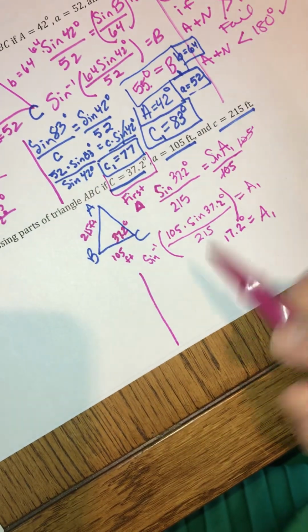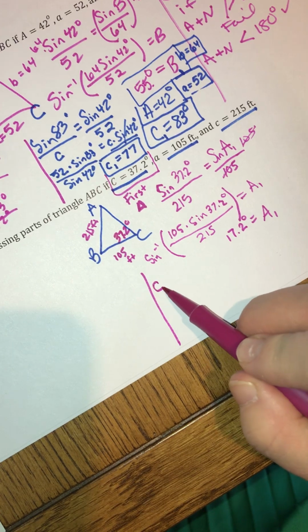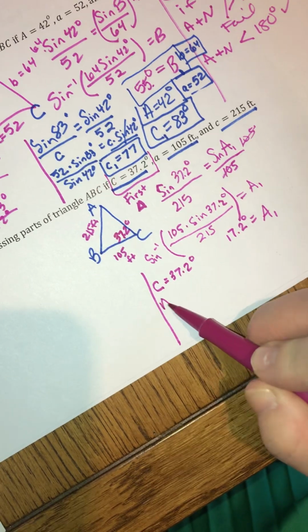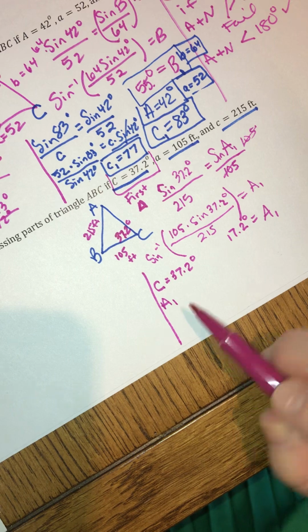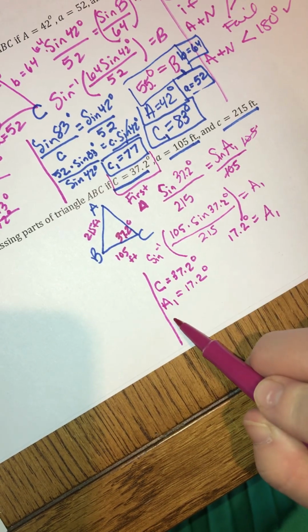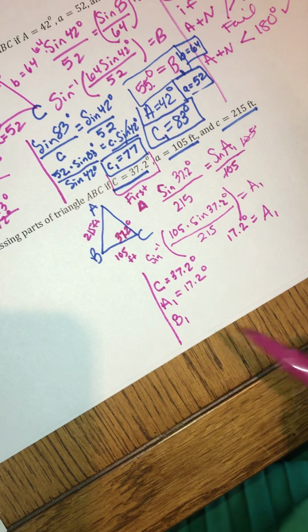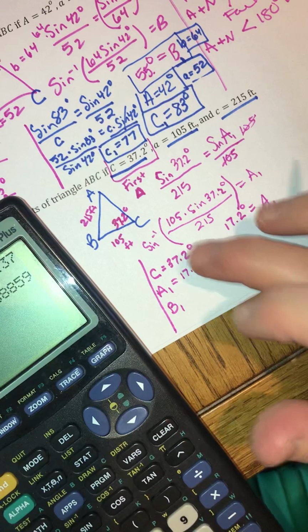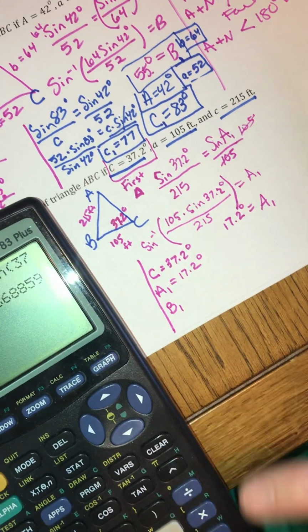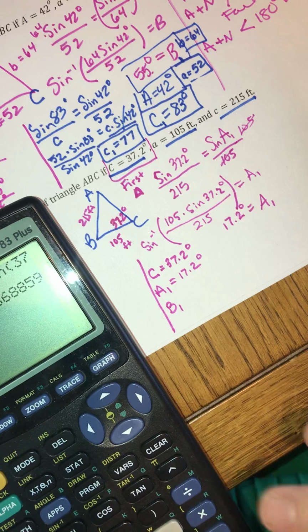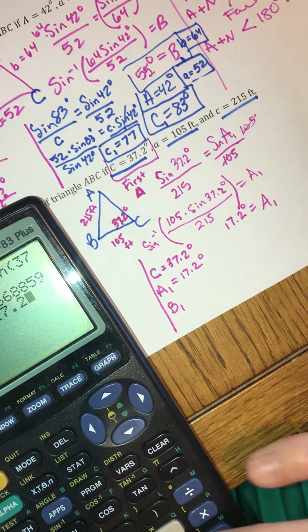So here we have that our angle C is 37.2 degrees. Our angle A1 is 17.2. So when I go to find my angle B, we'll call it B1, we're going to do a little subtraction. These are very small angles, so I know this one works. 180 minus 37.2 minus 17.2.